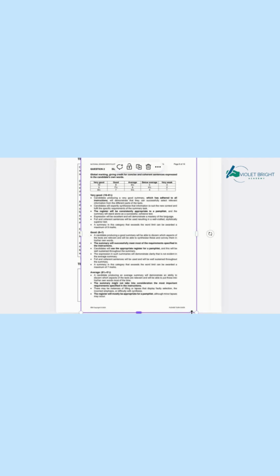It says candidates producing a very good summary which has adhered to all the instructions will demonstrate that they can successfully select relevant information from the different parts of the text. Now, again, you can pause here to read through all the marking guidelines, but we are only going to focus on the 10 to 8.5 because that's what we are aiming for.